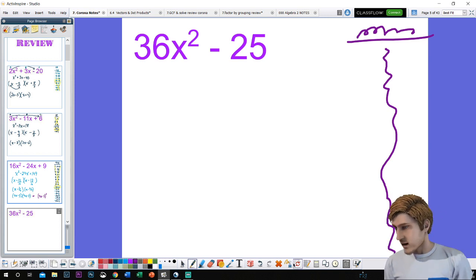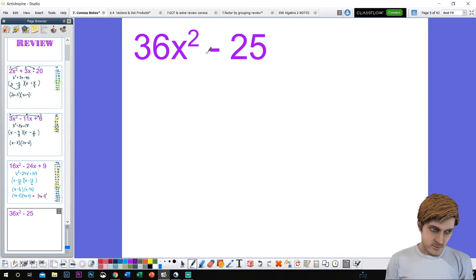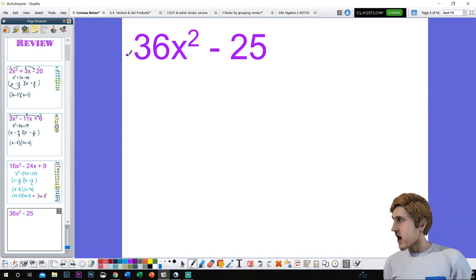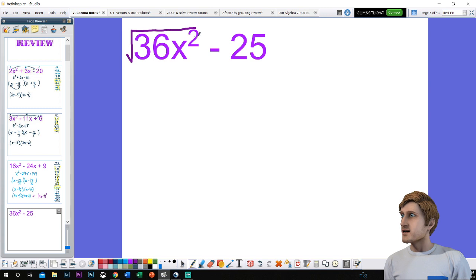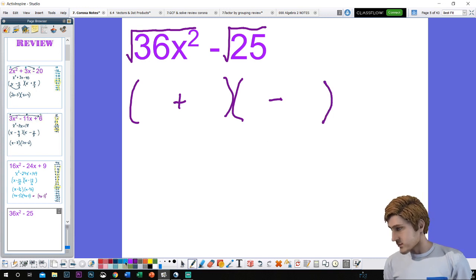We don't want that. So instead, since these are two numbers that are both perfect squares, and there's no b term, nothing with an x, I'm just going to square root each of these in my head, or maybe on the calculator. Remember, when this happens, I'm going to have a good twin and an evil twin, like me and Mr. Shackelford.